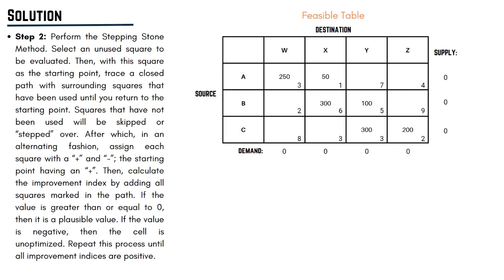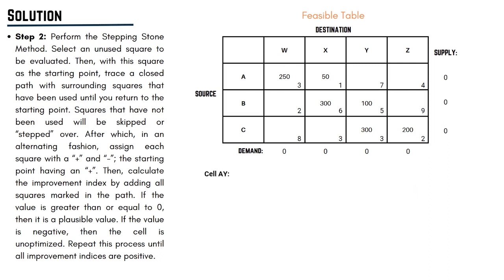After which, in an alternating fashion, assign each square a plus and minus sign, with the starting point having a plus sign. By squares that have not been used, we mean squares that have no values. So we have cell AY, cell AZ, BZ, cell BW, CW, and CX.